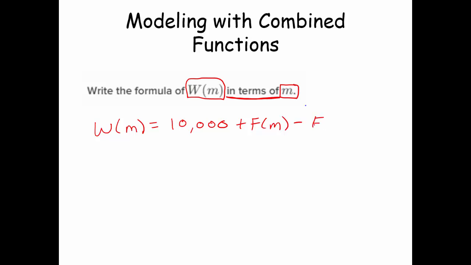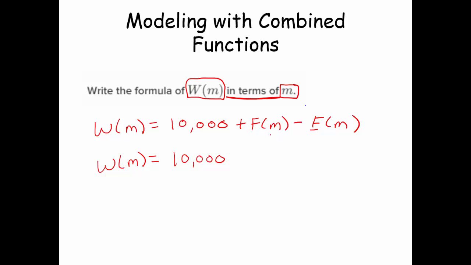I'm just rewriting my last answer. But I want W of m to be in terms of m, which means now the only thing I should see on the right-hand side of my equation is the letter m and some numbers. So now I basically want to start to do some substitution.